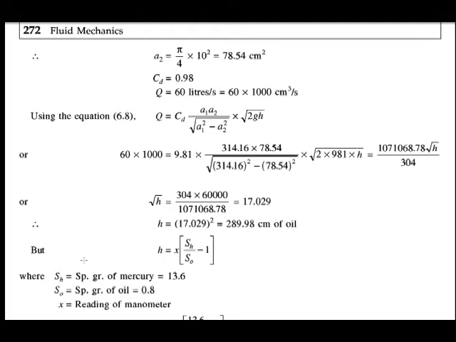So the relation is given as under root of h is equal to 60,000 upon the product of the other terms. After solving this we get the value of h as 289.98 centimeter of oil.